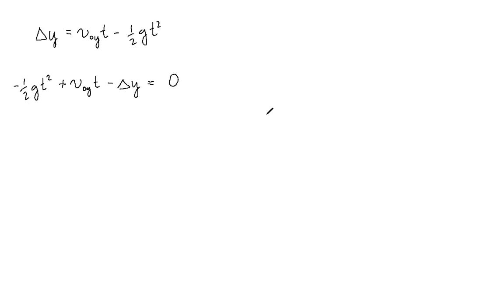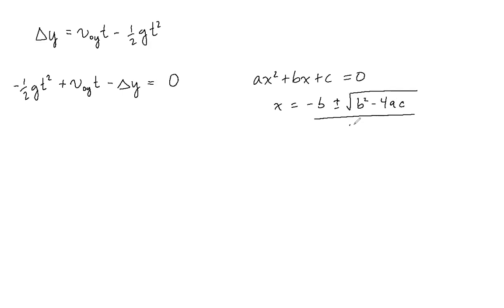The quadratic formula says if you have ax squared plus bx plus c equal to 0, then x is equal to minus b plus or minus the square root of b squared minus 4ac, divided by 2a.